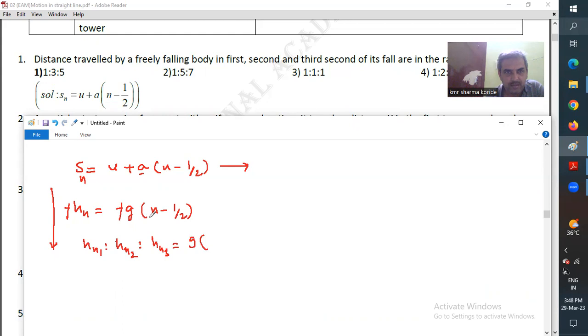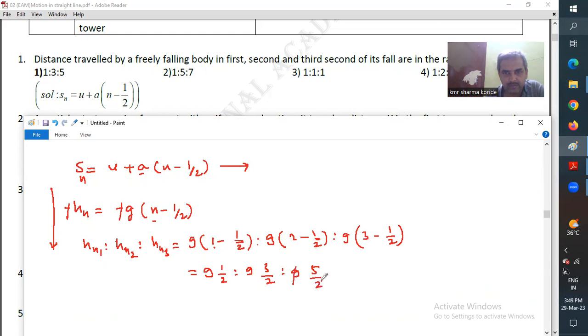So therefore g times (n minus half): for the first second, it is g/2. For the second second, 2 minus half is 3/2, so 3g/2. For the third second, not 3 seconds, third second, after simplifying you get 6 minus 1, 5g/2. So g/2, g/2, g/2 get cancelled. So the answer is 1 is to 3 is to 5.